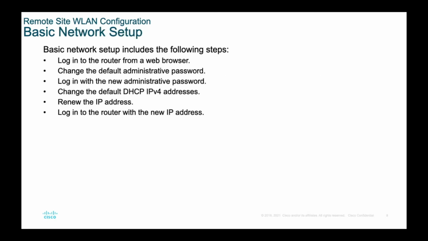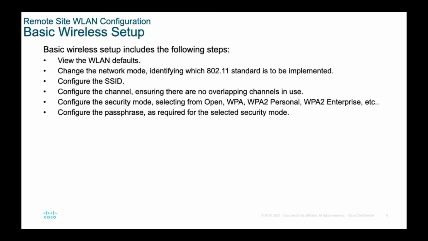So for basic network setup, and then for basic wireless setup, it's the same thing. They may provide a default SSID, so we should change it. But before that, you should select which standard you would like to implement. It all goes back to the client, and what standard that client supports. If you have a newer device, you should select the newer standard inside your wireless router. Configure the channel. Sometimes you can pick auto, but you must ensure there is no overlapping.